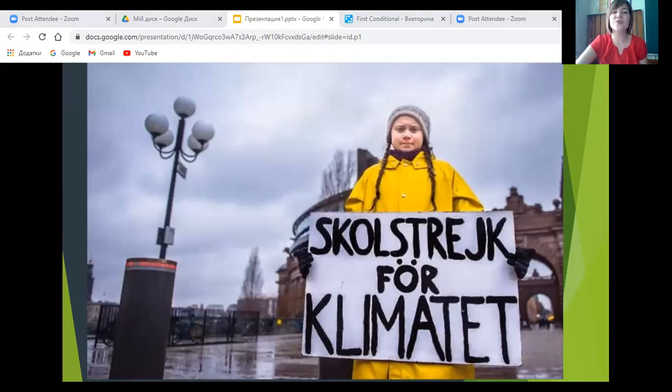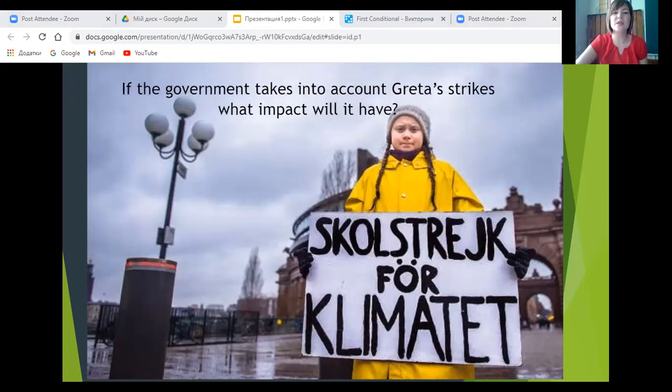Thunberg is known for her straightforward speaking manner, both in public and to political leaders and assemblies, in which she criticizes world leaders for their failure to take sufficient actions to address the climate crisis. Now, my question is, if the Ukrainian government takes into account Greta's strikes, what impact will it have?